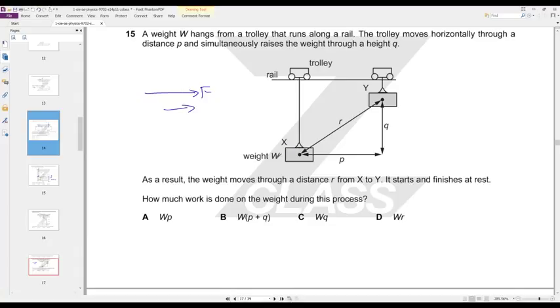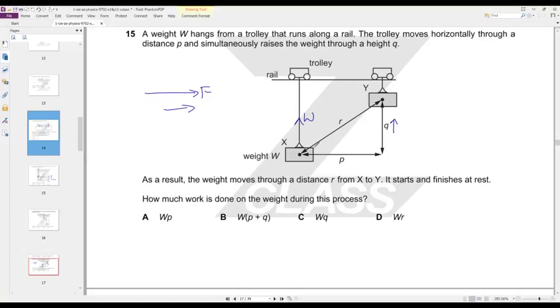So our weight W, which is the force that we are in fact acting against, our reaction force working against that is what's doing work. So we have a tension W that's pulling our weight up. That's doing work. And so it's only the Q direction where we actually do work.